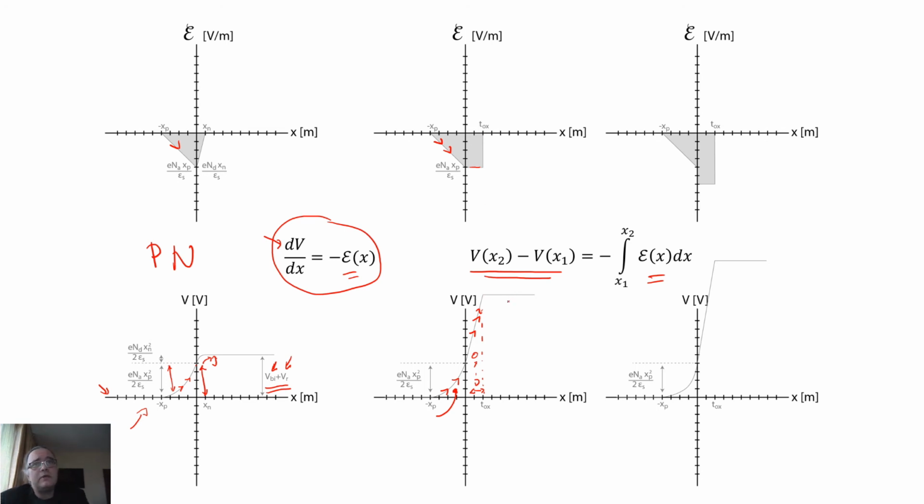So two things that are important here to note. Any potential difference between deep in the semiconductor and deep in the metal, so in the metal plates, is actually given as a voltage drop inside the semiconductor and voltage drop across the oxide.